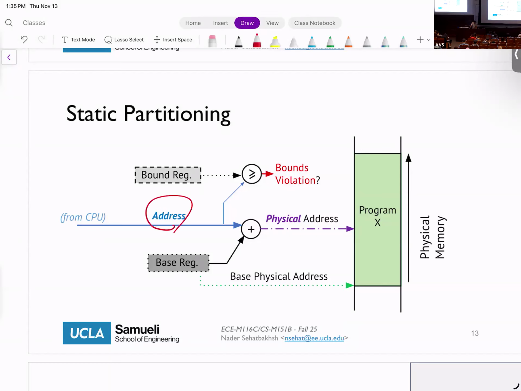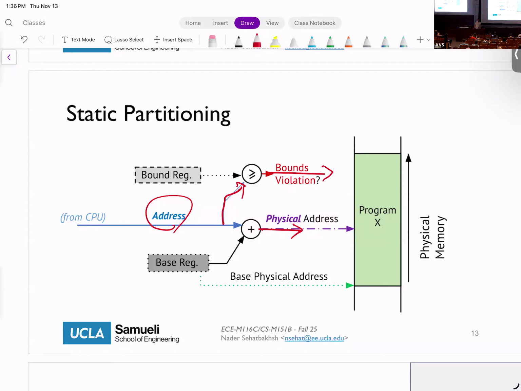The difference between the CPU address and the physical address is that the physical address is the actual address coming from the CPU plus the base, that is the beginning of that program. And then this bound register does the checking. It checks whether we are within the bound that you're supposed to be, okay? And if not, then we're going to have a bound violation.